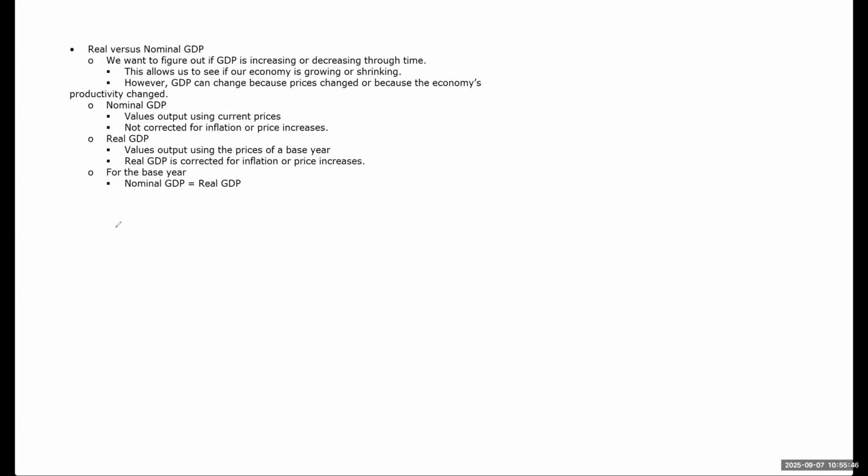So let's look at the following. Let's suppose our economy manufactures two different products, pizza and latte. What I'm going to do for this is share Excel and calculate this in Excel.